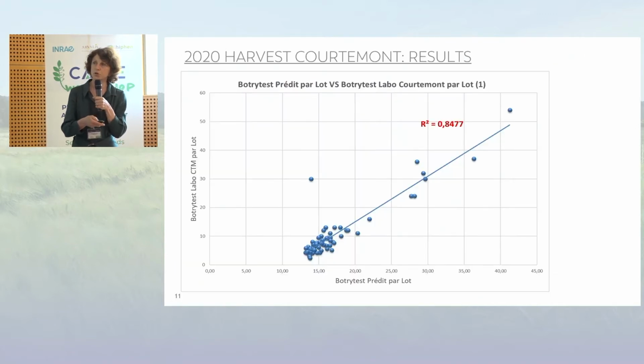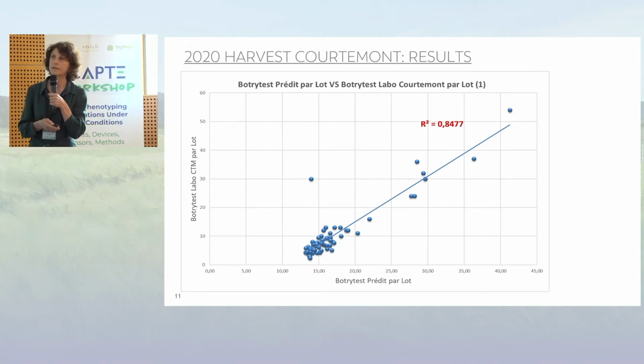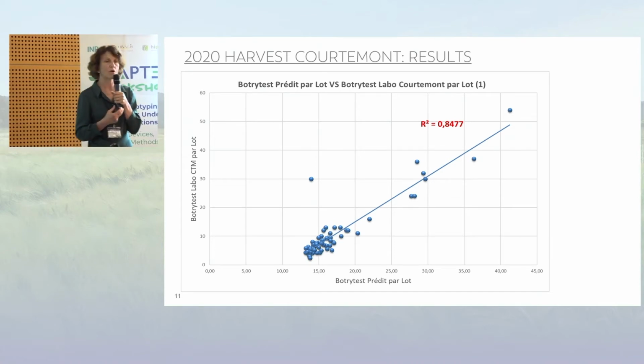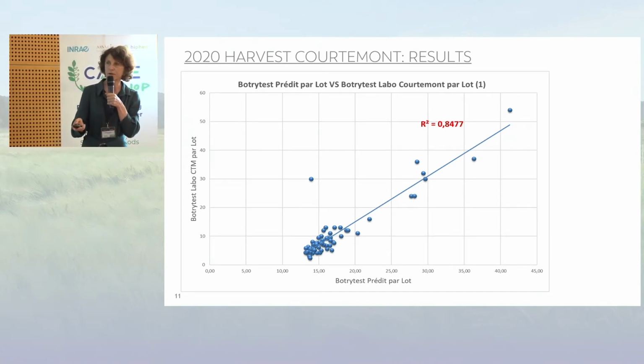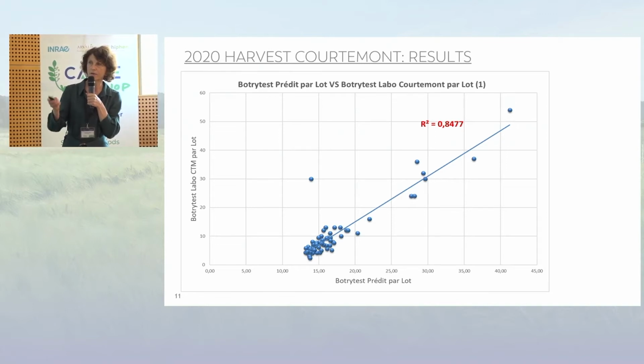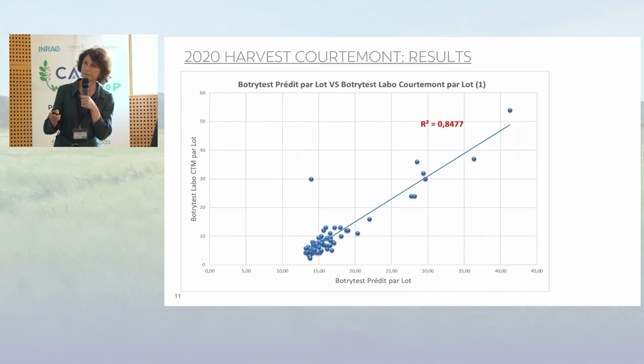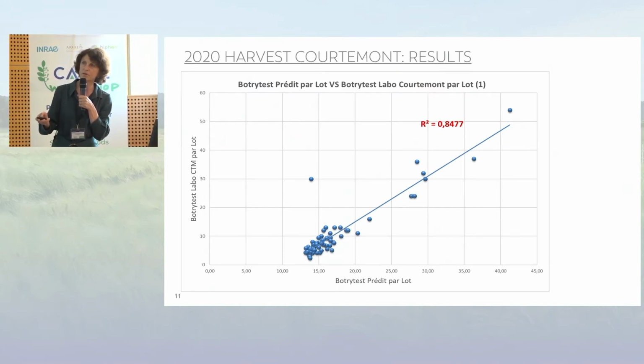And just to show you here, in 2020, the result that we obtained in one of our press centers. So here you have the comparison, the relation between the result obtained for each plot with the result on the analytic chemical analysis, and in this way the result with the prediction by the algorithm.